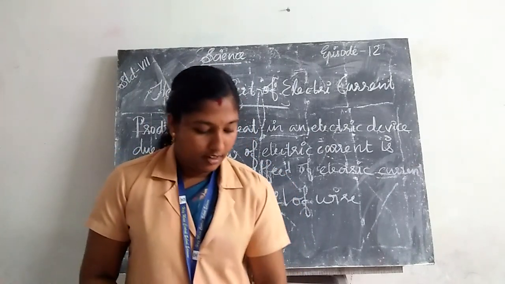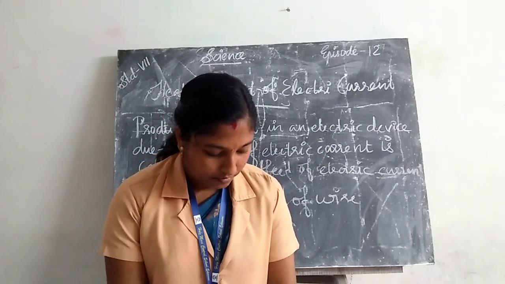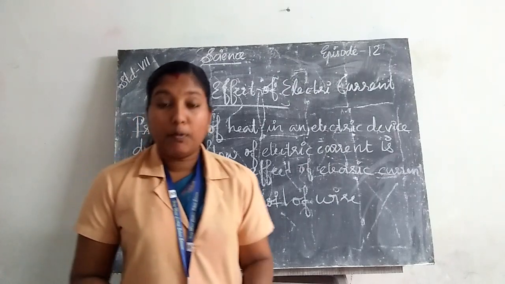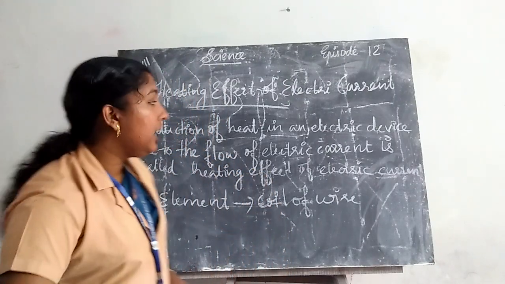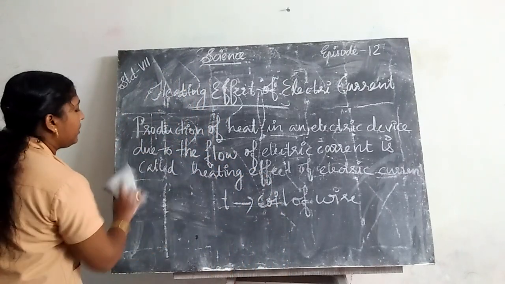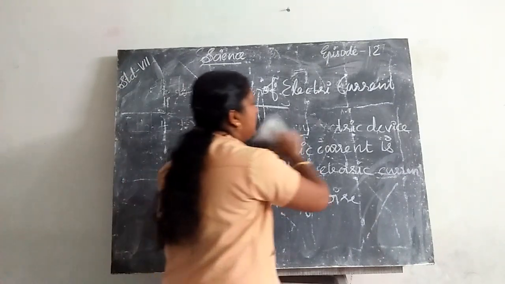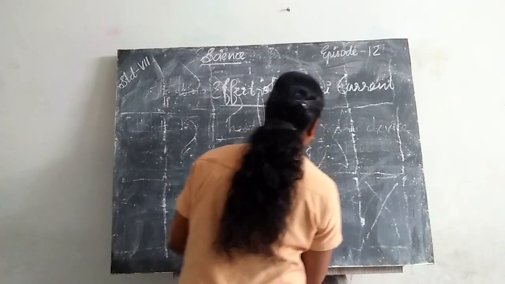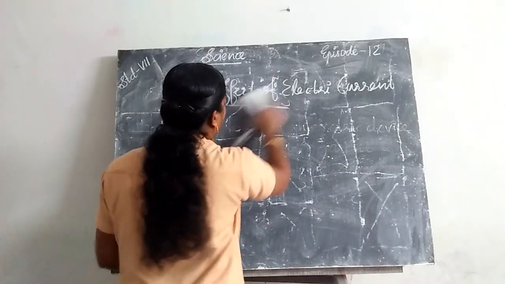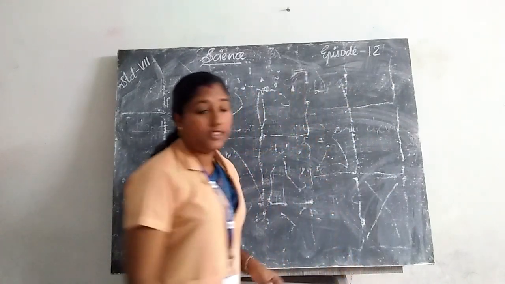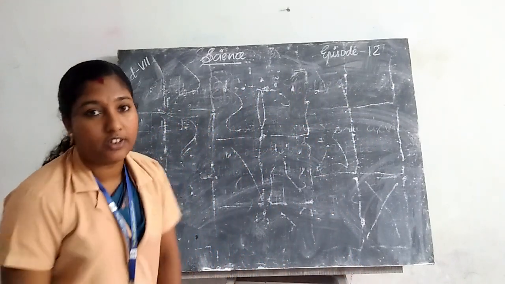Then we learn about the amount of heat produced in an electrical appliance. The amount of heat produced in an electric device depends on its resistance.